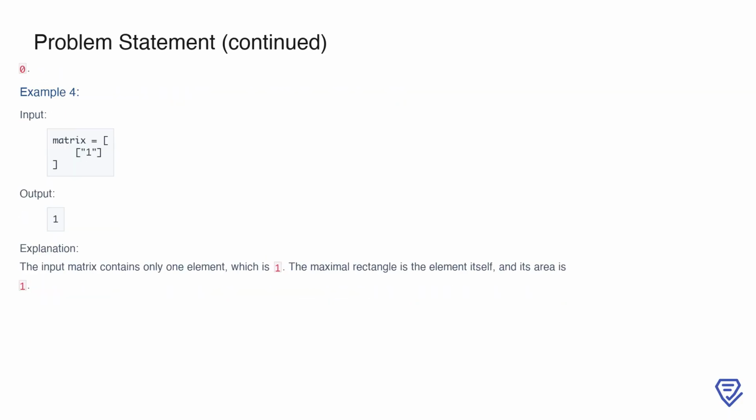Additionally, for the single element matrix containing only 1, the maximal rectangle is simply the element itself, and its area is determined to be 1. These examples make it clear how the problem scales from small inputs, like a single element, to larger, more complex matrices. Understanding these scenarios prepares us to handle edge cases and more intricate configurations of the matrix efficiently.